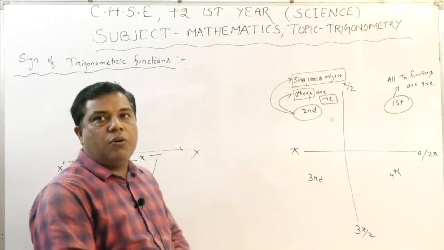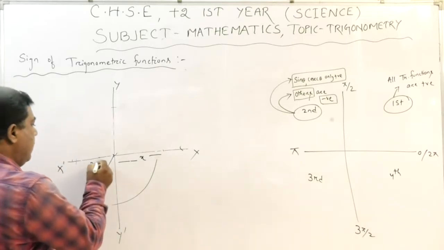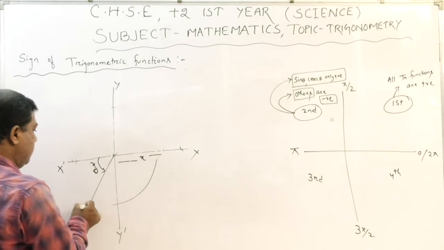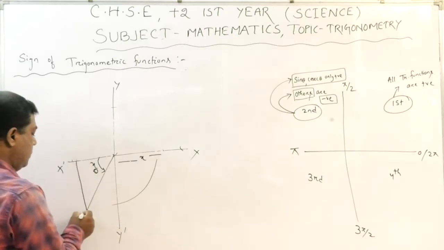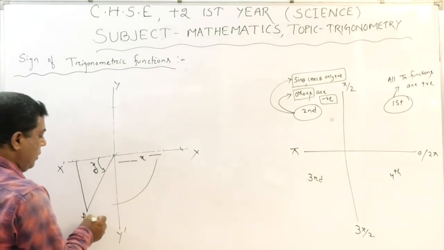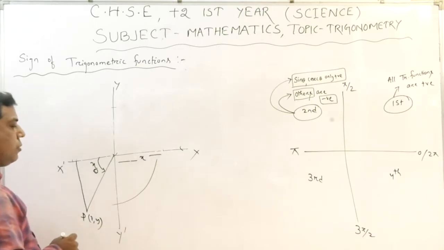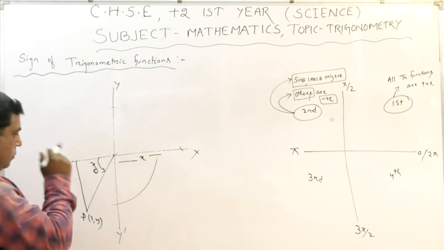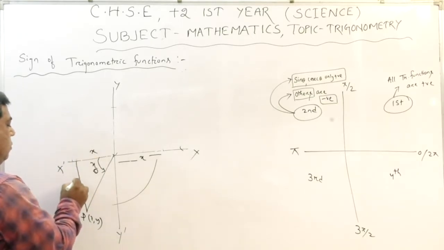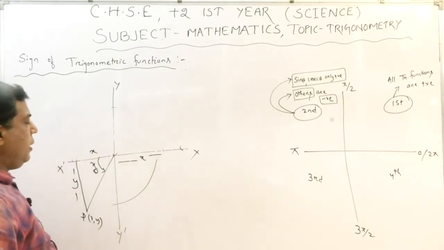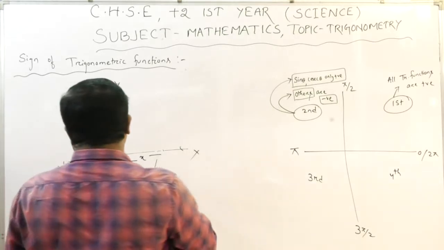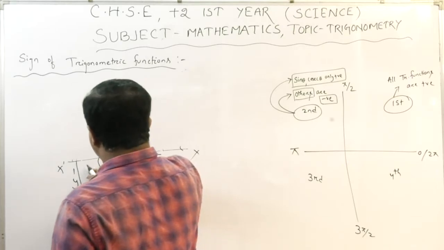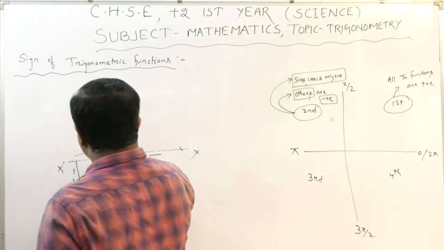Dear students, now we are taking one angle. Let this angle be theta. Now I am joining it. This is the point P with coordinates x, y. So this is x and that is y, and this is the angle theta.